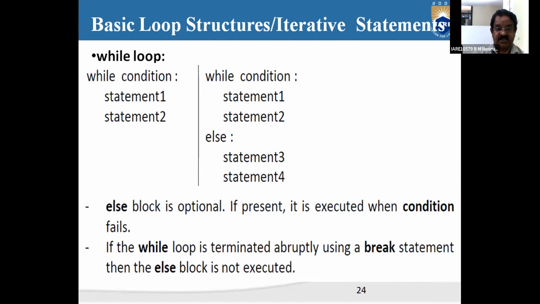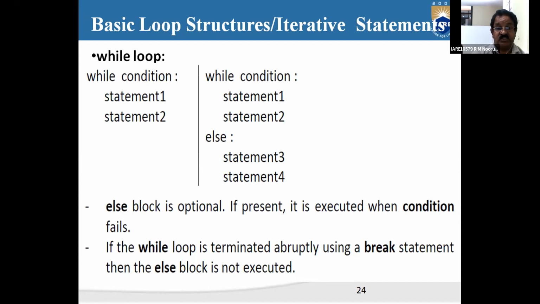In case of while, the condition will be checked. If the condition is true, it's going to execute statement 1, statement 2. If the condition is false, it will enter into the else part, and whatever statement 3 and statement 4 are present are going to get executed. That's regarding the usage of else within while.